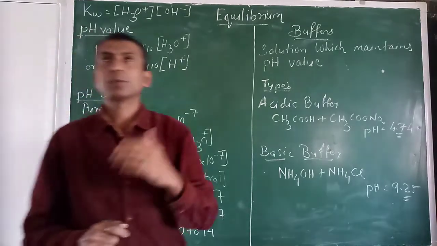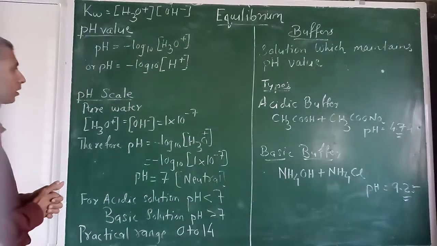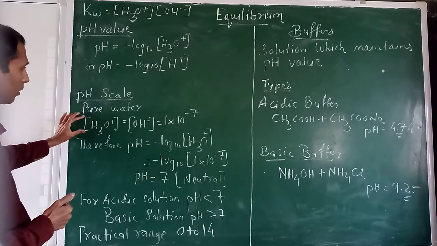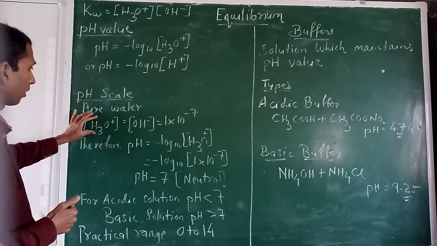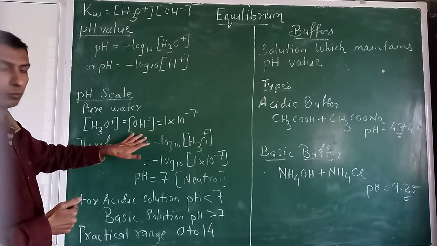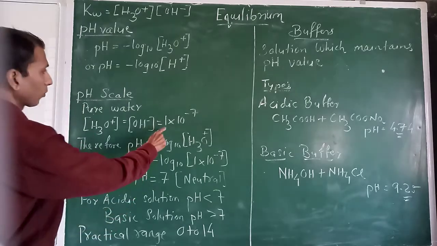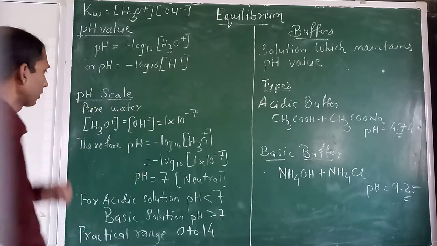So experimentally these are the calculated values for the molar concentration of H3O plus ion or H plus ion, which is also equal to the molar concentration of OH minus ion, and this value you have to keep in mind. It is 1 into 10 raised to minus 7.